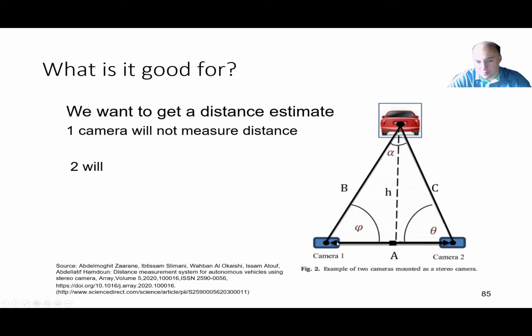Both cameras will see the same image, so they see the car. But if you have a picture only from one camera, you cannot calculate what the distance is. So I'm looking for an estimate of distance h. And with one camera I cannot do it, because I don't have enough info to calculate the distance. But if I combine the two images together with some algorithm, I can calculate the distance h.